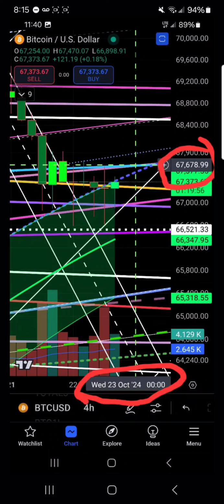We were looking to close the day at 67,679, conveniently circled there on your right where my cursor is, and that would be above the aqua colored neckline that you can see on your screen. You can see at the bottom of the screen that that would be the end of the day.